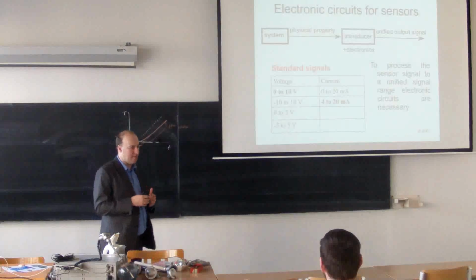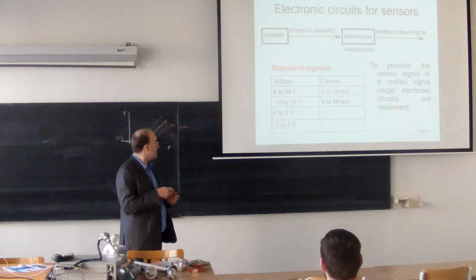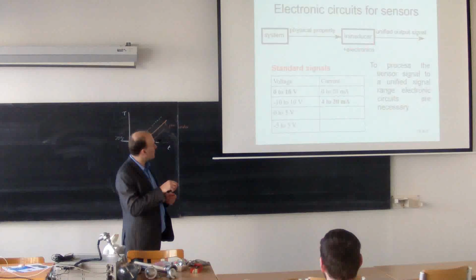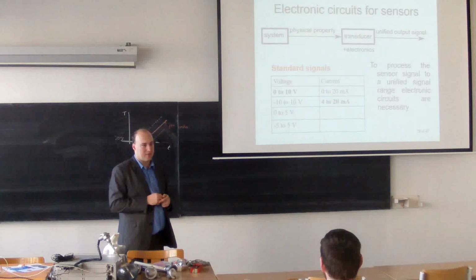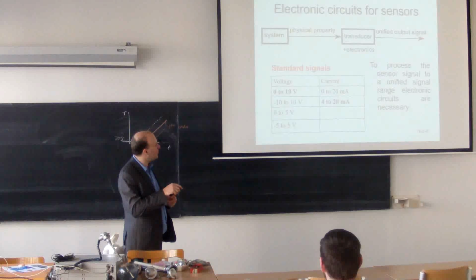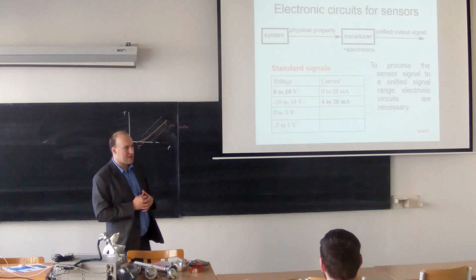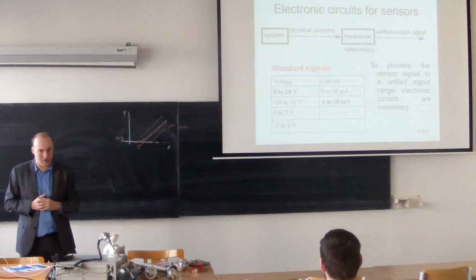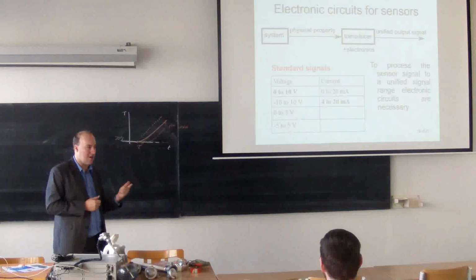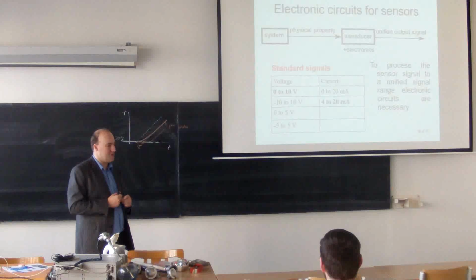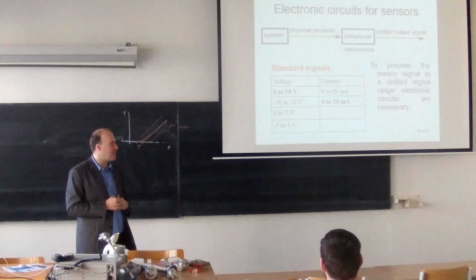So we will need some basic electronics that takes this transducer output and transfers this to some standard output signal. There are some standard signals, either voltage or current, that you will find all over the world.